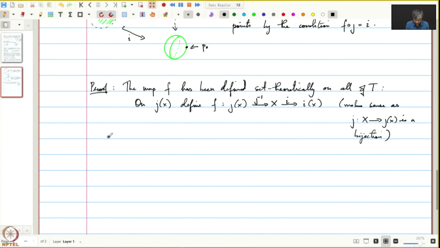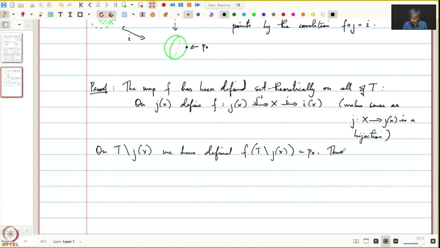And outside, on T minus J of X, we have defined F to be the constant map P naught, right.